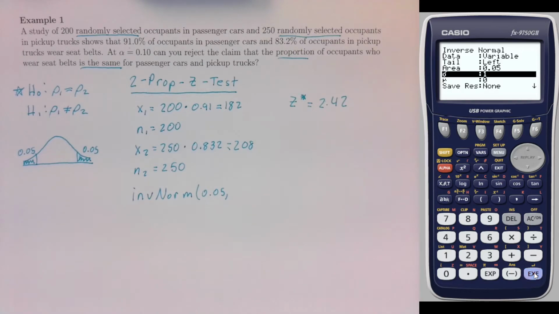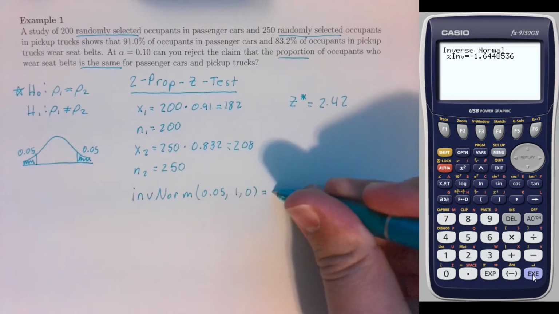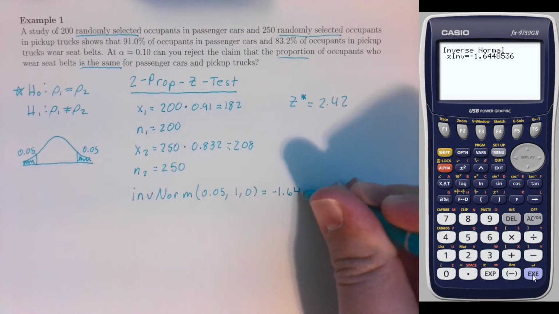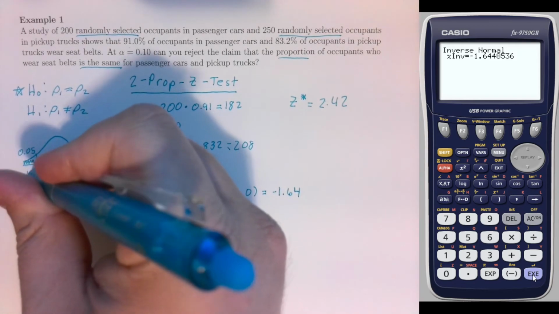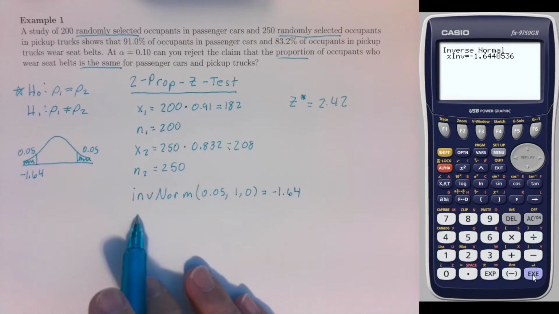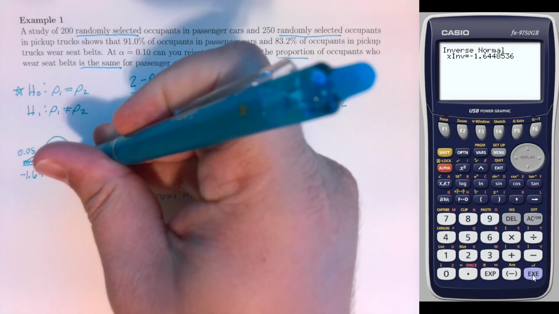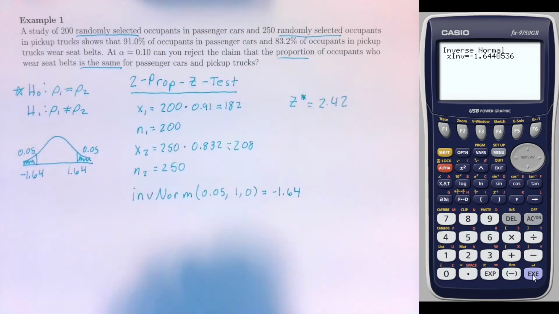Sigma will be 1 and mu will be 0. Sorry about that. So we get negative 1.64. I could do the same thing for the right tail, or just know because of symmetry, this will be positive 1.64.